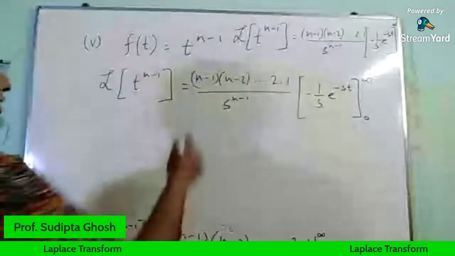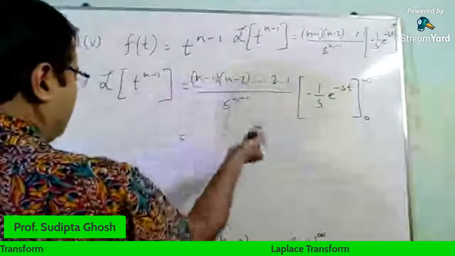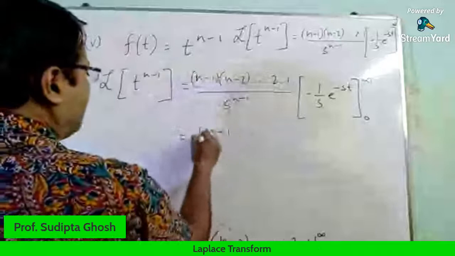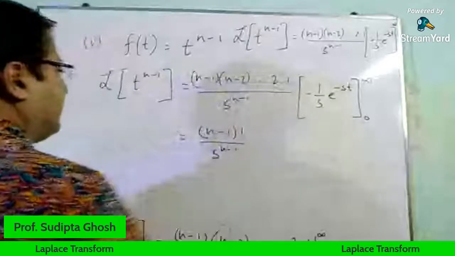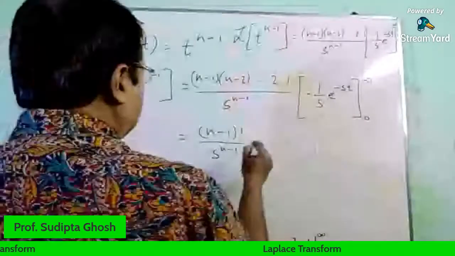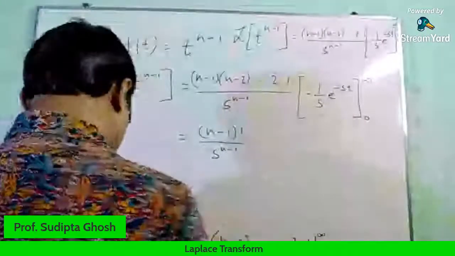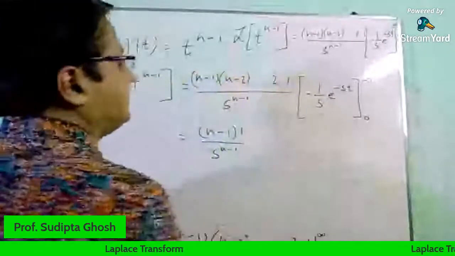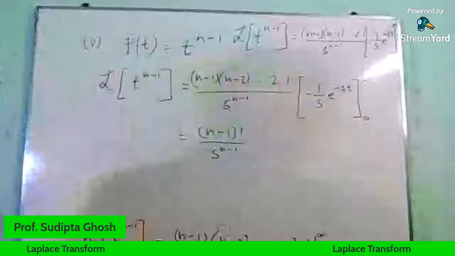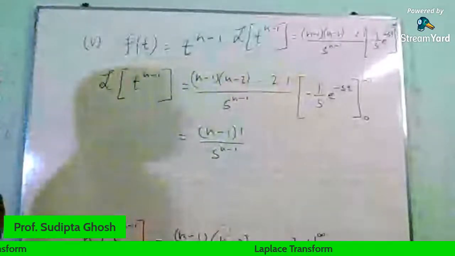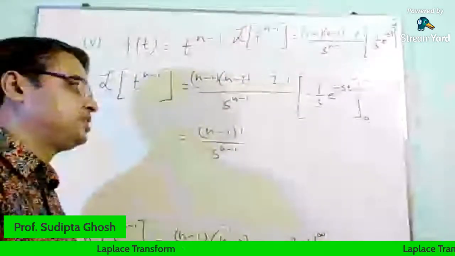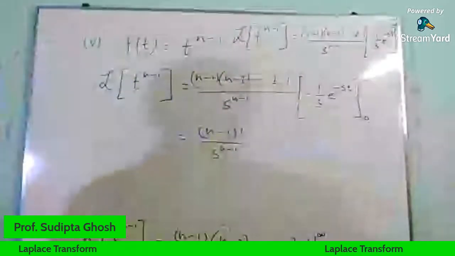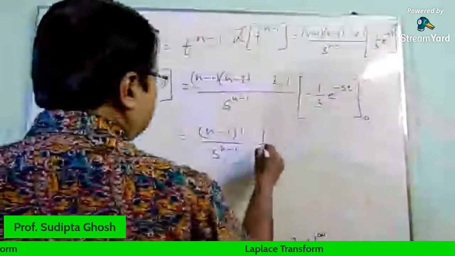Okay, now this is the numerator part. You all know that this is factorial n minus 1 over s to the power n minus 1, and then minus of 1 by s, and then by putting infinity, e to the power minus infinity means 0, and after putting 0, e to the power 0 means 1, so it becomes only 1 by s.